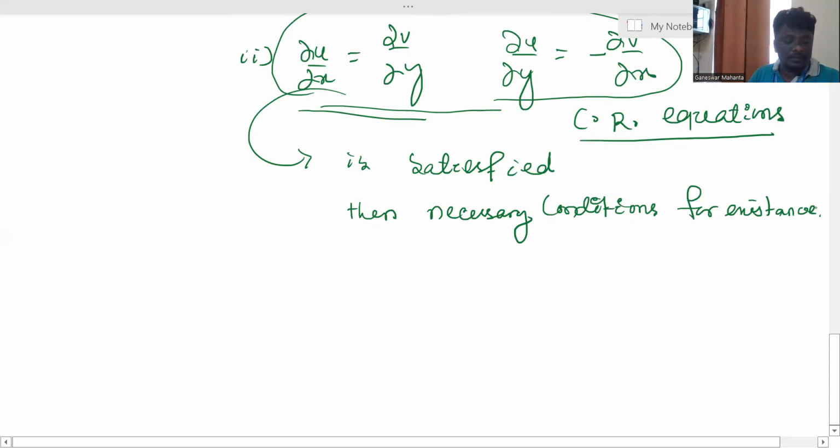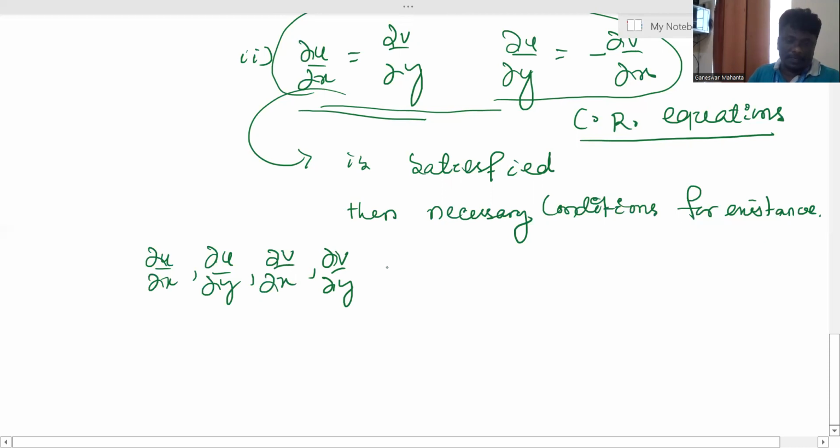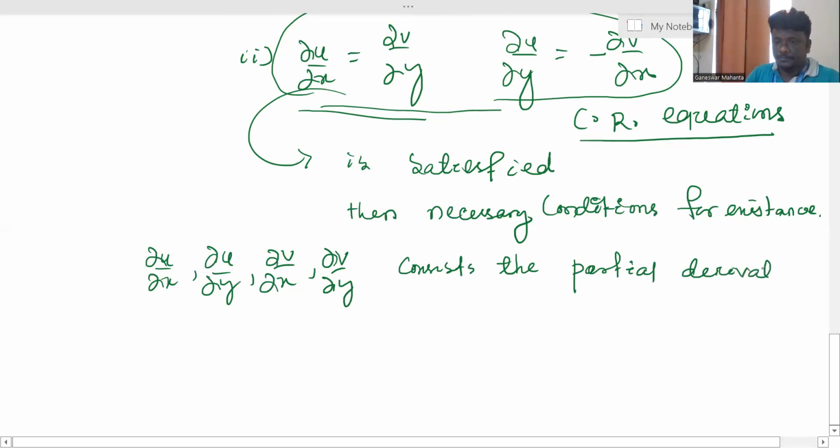Now the sufficient conditions. Del u by del x, del u by del y, del v by del x, del v by del y are single valued functions possessing partial derivatives at each point of the function f of z.